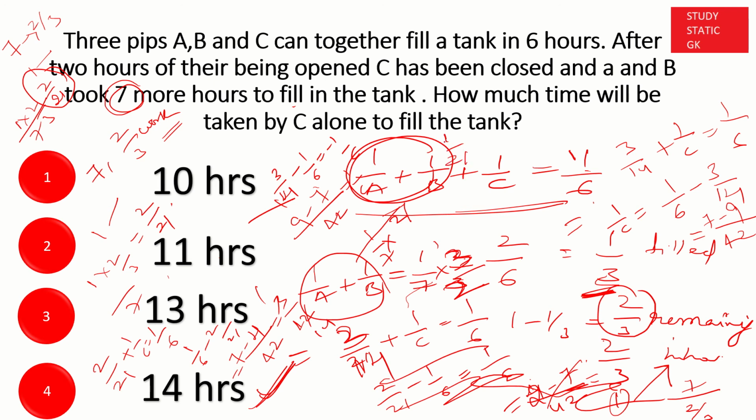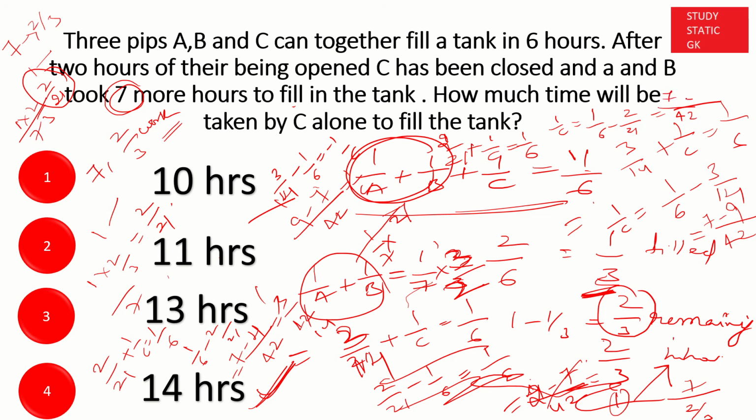So 2 by 21 plus 1 by C is equal to 1 by 6. So 1 by C is equal to 1 by 6 minus 2 by 21. 42 is the LCM.